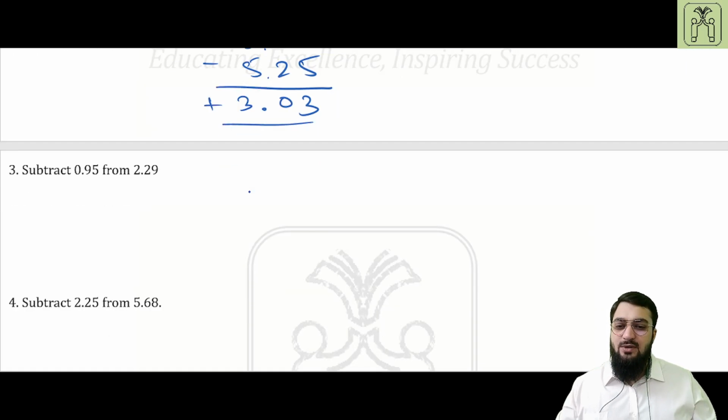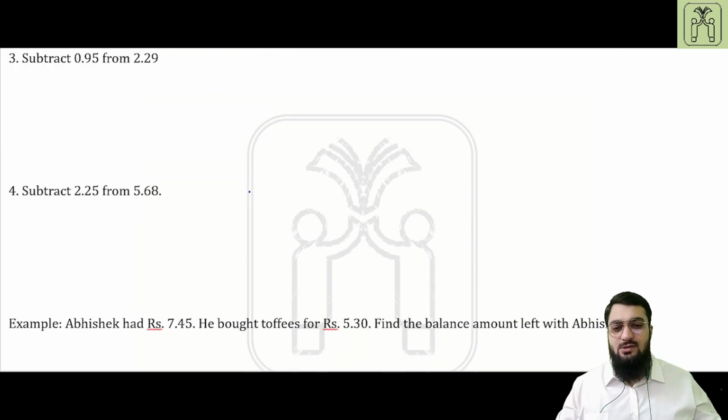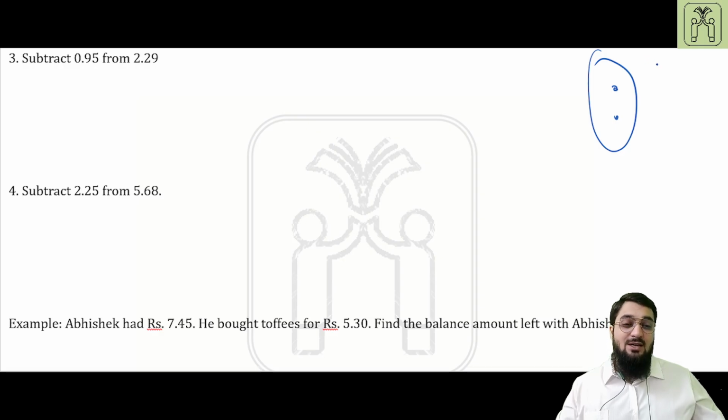Subtract 0.95 from 2.29. So I hope that you have understood how subtraction of decimals is done. Only 3 points are required. First is that the decimal points should be aligned with each other and the numbers should be written in a top-down fashion. Second is that the number which is just after the word from will be in plus, so x y z, and the minus will be for the number which is mentioned before the from, so it will be a b c.